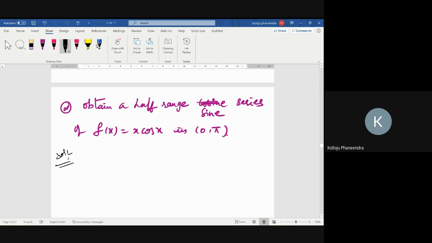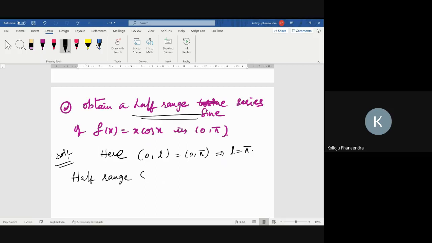Solution. Here, what is the interval? Here, what I require is the half range. Half range means 0 to L, which is nothing but 0 to pi. This gives the L value as pi. First observation. Next, you write the half range sine series.